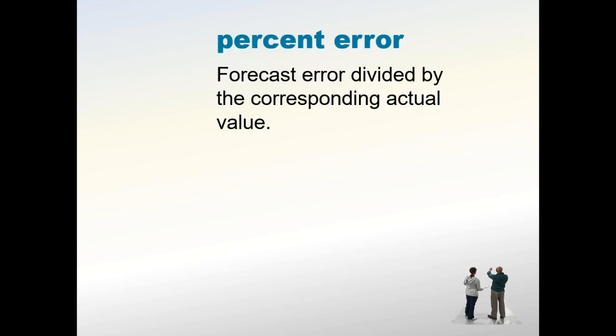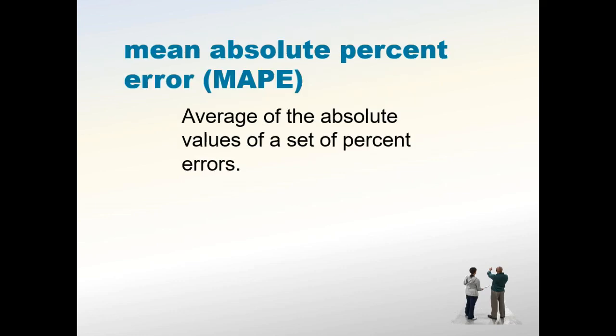Now, to get a better sense of the quality of a forecast relative to the actual values being forecast, forecast error is often translated into percent error. Percent error is the forecast error divided by the corresponding actual value. And the mean absolute percent error is the average of the absolute values of a set of percent errors.